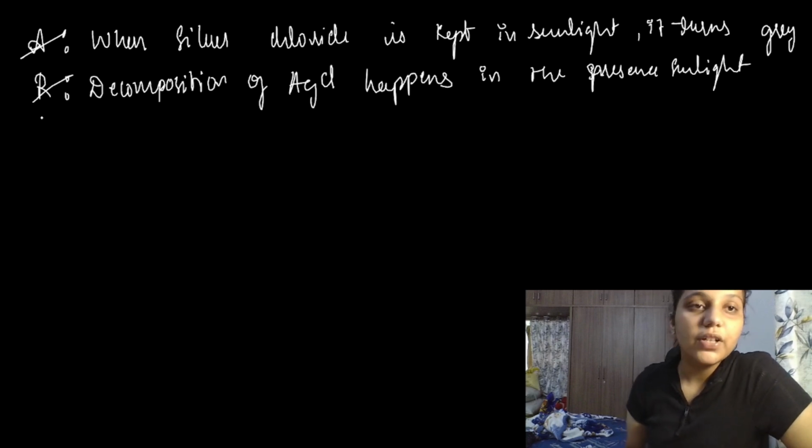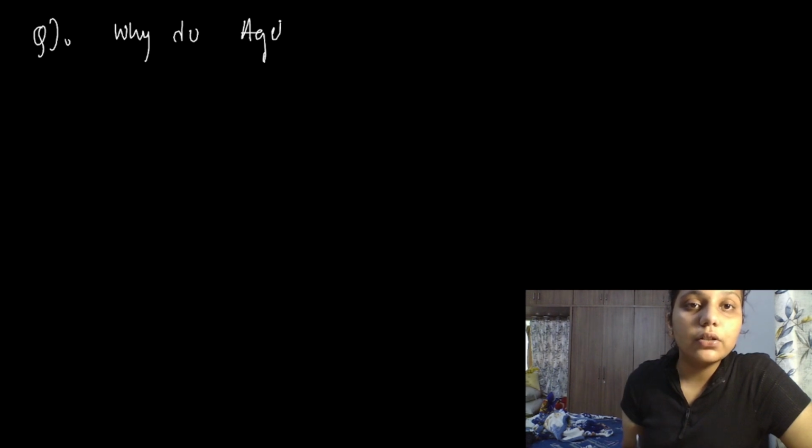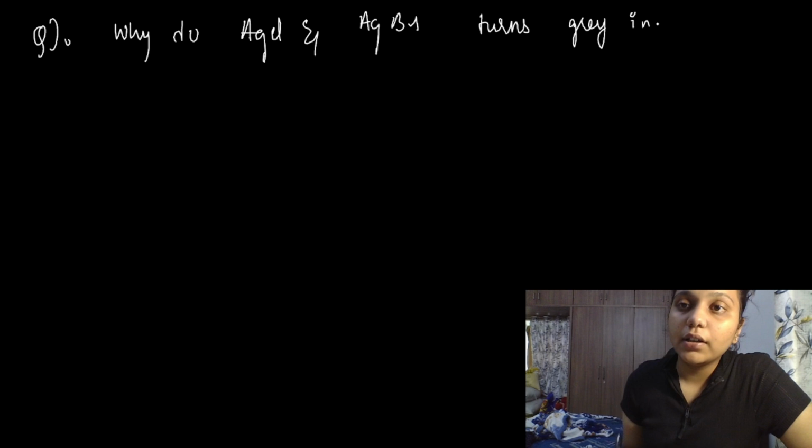We'll do some more questions. Write down: why do silver chloride and silver bromide turn gray in sunlight? You need to write the balanced chemical equation and explain why it turns gray.